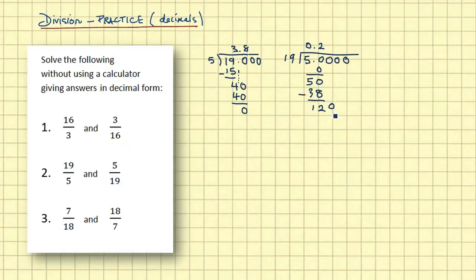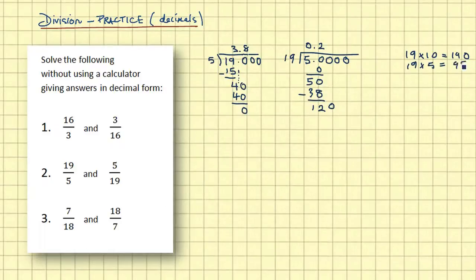So we've got 120. Of course, it's not 120. But anyway, let's divide 120 by 19. Well, that's a little tricky. It's obviously going to be a high number. Over to one side here, let's think of 19 times 10 is 190. So it's going to be between 19 times 10 and 19 times 5.